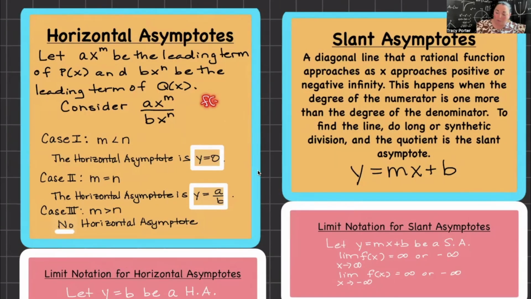Your general form, which we had before, is p(x) over q(x). Now we're just looking at the leading terms.